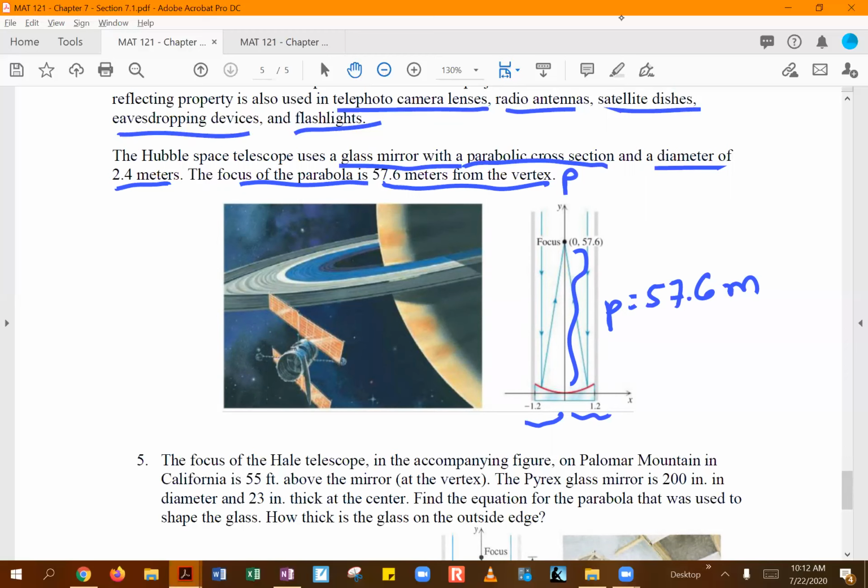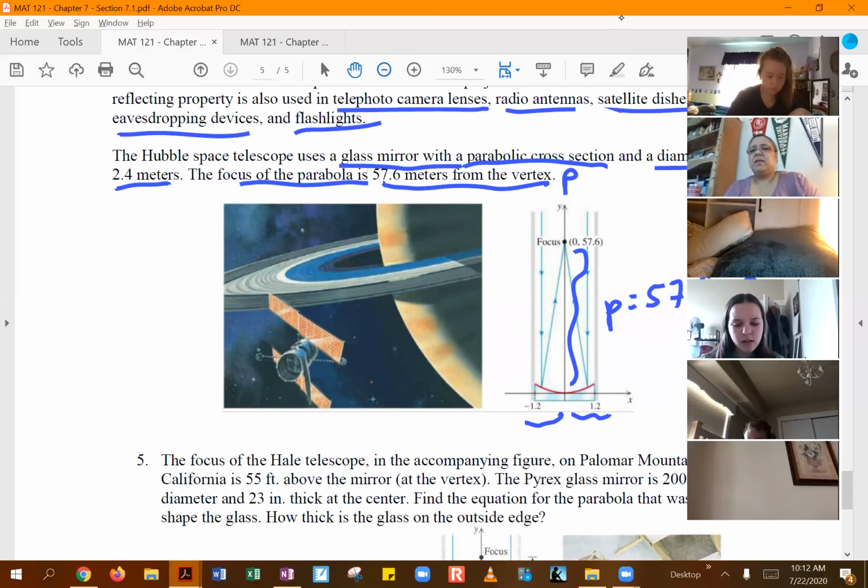Now, I don't know if you guys have heard this story or not, but when they first launched the Hubble Space Telescope, they were actually getting back really blurry pictures. They were not the clear, distinct pictures that we're so used to seeing coming out of the Hubble Space Telescope.